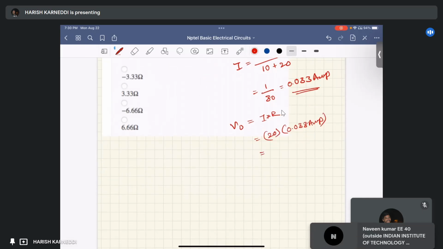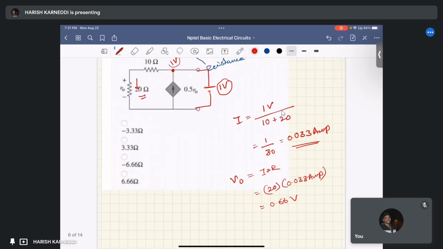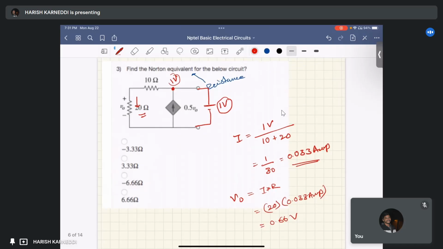So the voltage will be 20 into 0.033, that is 0.66 volts. Now we know this V naught.